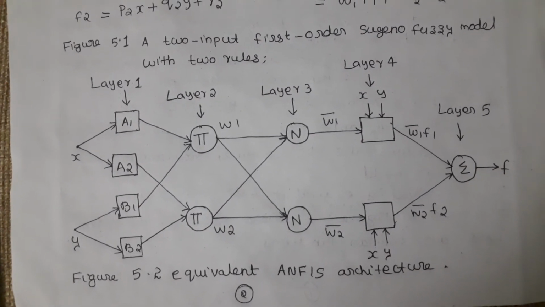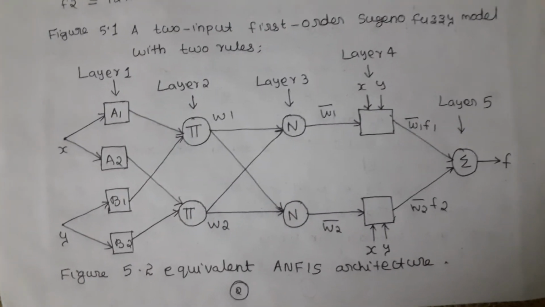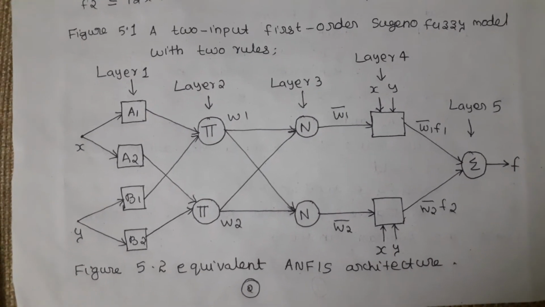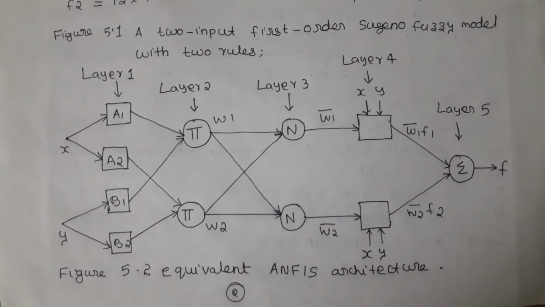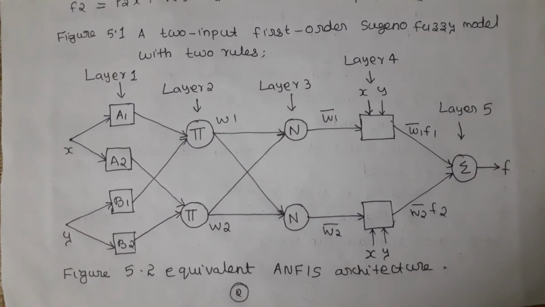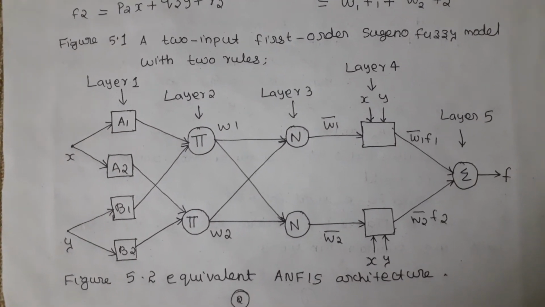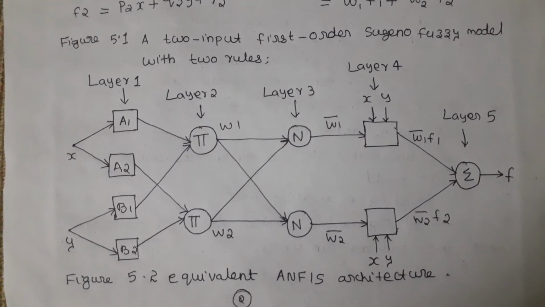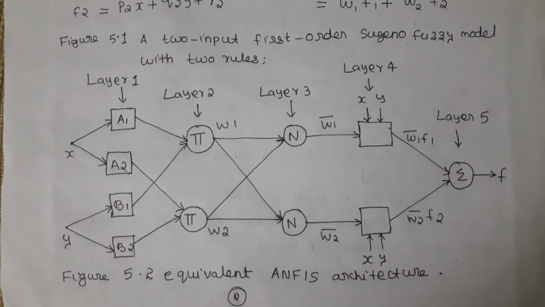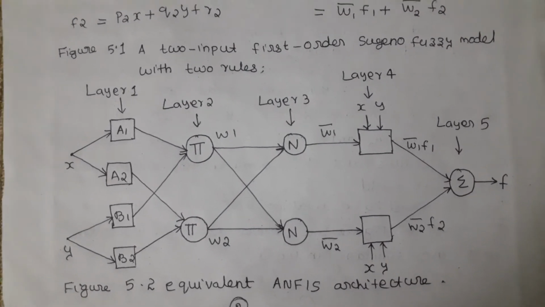That is, we propagate the error obtained at the output back to the first layer, and we change the modifiable parameters in layer 1, that is, the premise parameters. These are the two ways we can combine to train this ANFIS architecture. This is known as the hybrid learning algorithm.